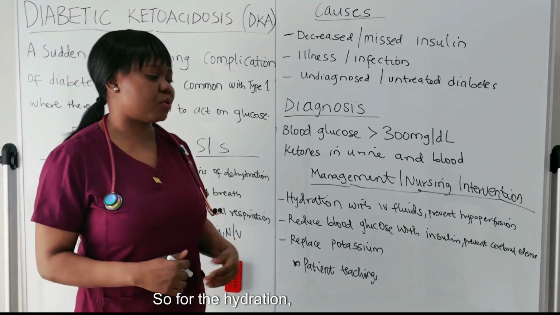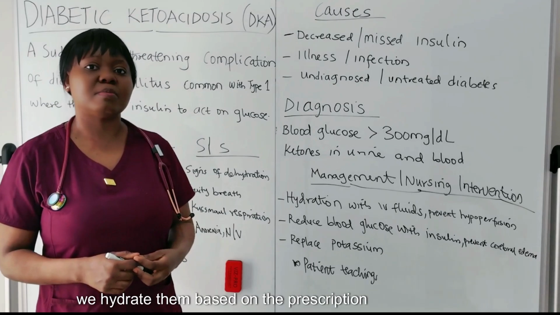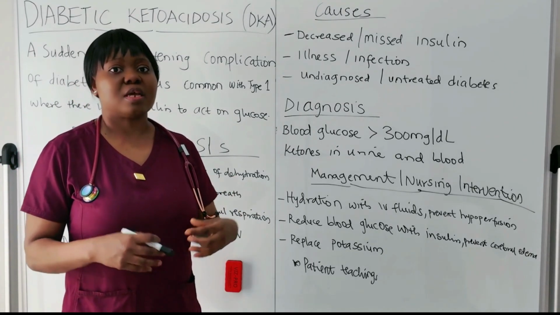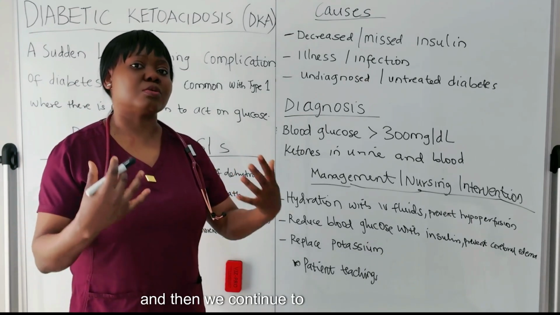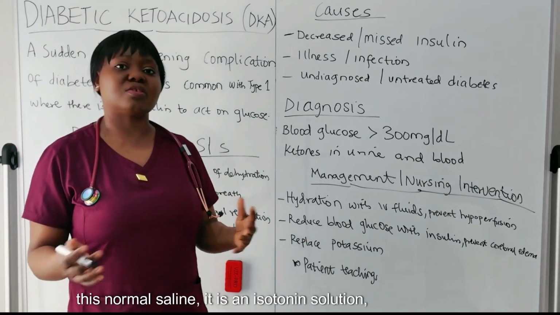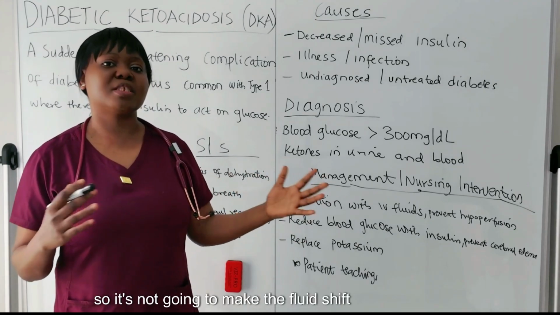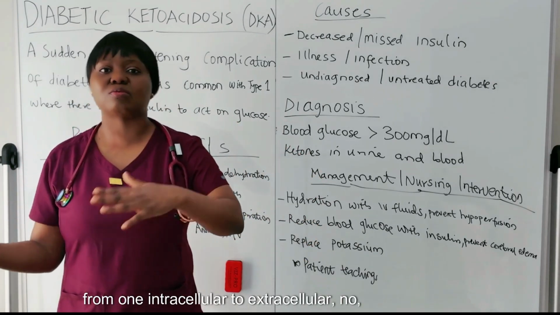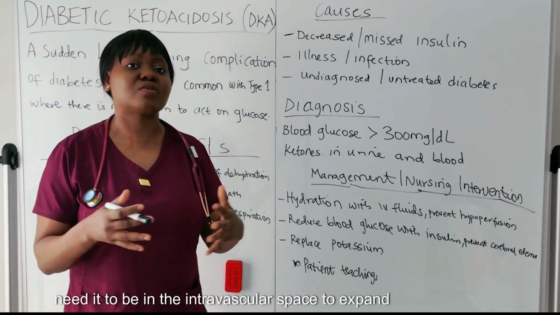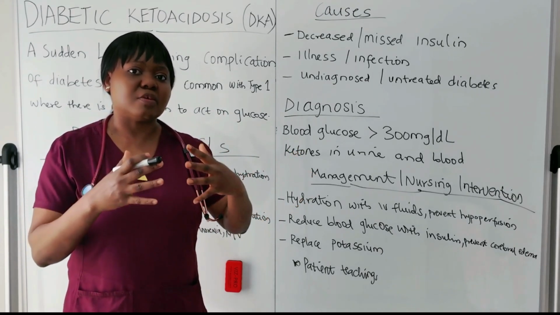For the hydration, we hydrate them based on the prescription by the healthcare provider with normal saline. We give a bolus, and then we continue to titrate. Normal saline is an isotonic solution, so it's not going to make the fluid shift from intracellular to extracellular. It will just stay in the blood, because we need it in the intravascular space to expand the volume.